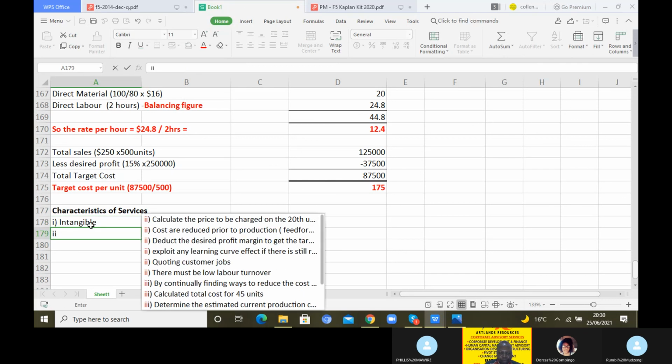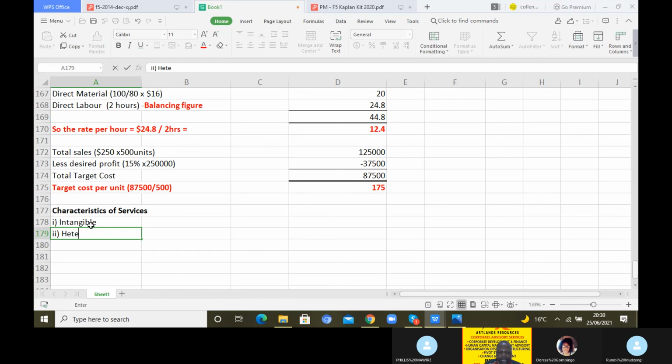Number two, services are heterogeneous. What do we mean by heterogeneity? We are saying when it comes to services, they vary from one customer to another. If a customer is to come and I'm to teach the same thing I was teaching now, you would notice I would not teach in exactly the same fashion.